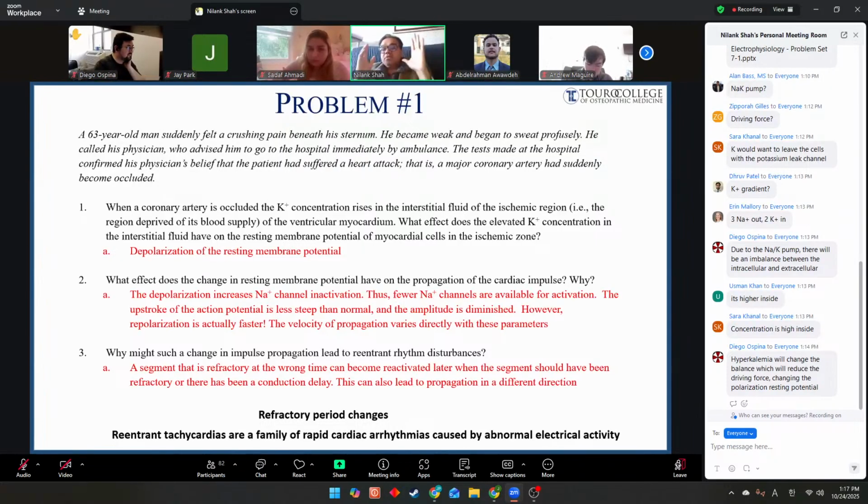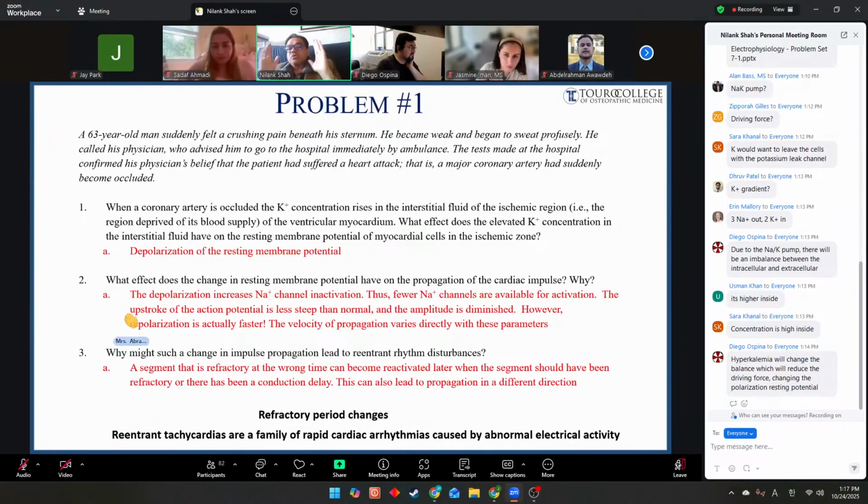So in the ischemic zone of myocardium, or you can say infarcted or necrosed myocardium, all of you know about infarction, right? Infarction means complete stoppage of blood supply to myocardium because of the blockage of a branch of the coronary artery or the main stem of the coronary artery.